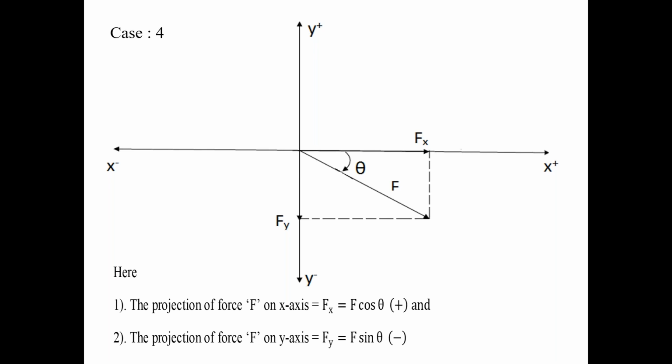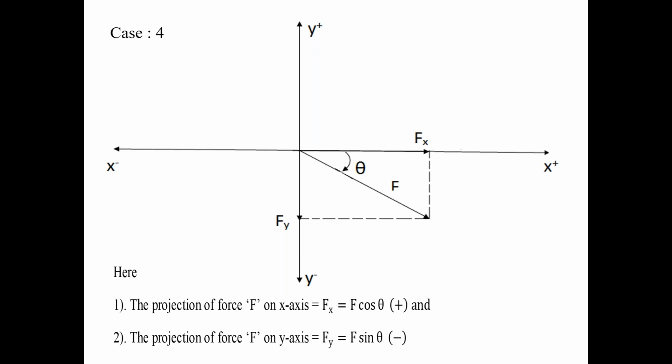So in all these 4 conditions, the projection of force F on the x-axis, Fx, is equal to F cos theta. Similarly, the projection of force F on the y-axis, Fy, is equal to F sin theta. So if force F makes the angle theta with the x-axis, the x-axis projection Fx is F cos theta, and the y-axis projection Fy is F sin theta.